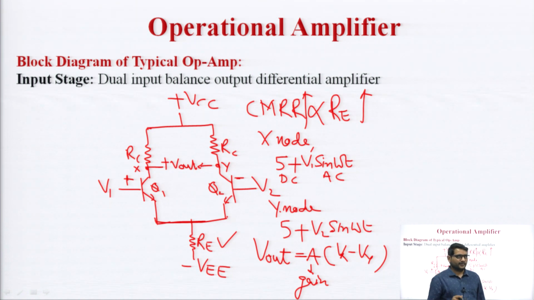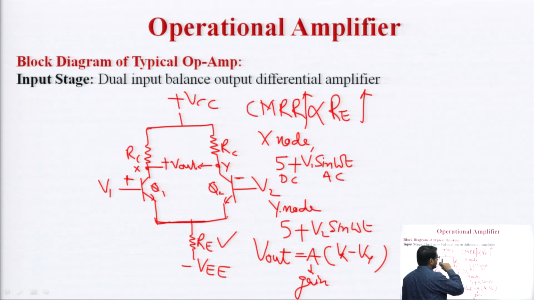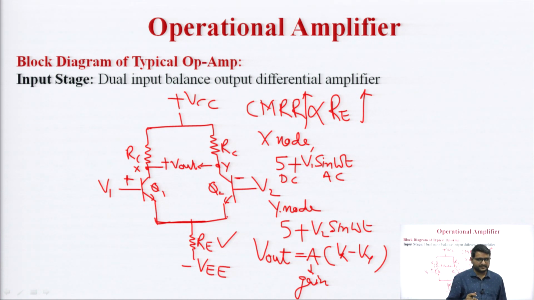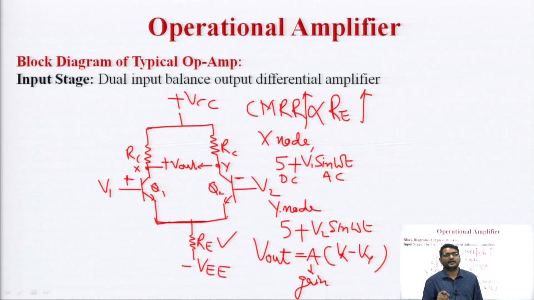Because if we want a high CMRR, RE also increases, and a high value resistance is not possible to form on a silicon chip. So, we replace RE with the current mirror circuit, which is also easily available in integrated circuit form.